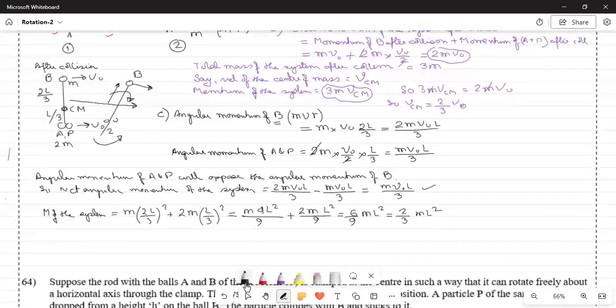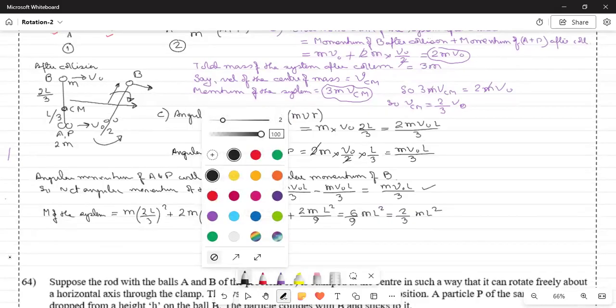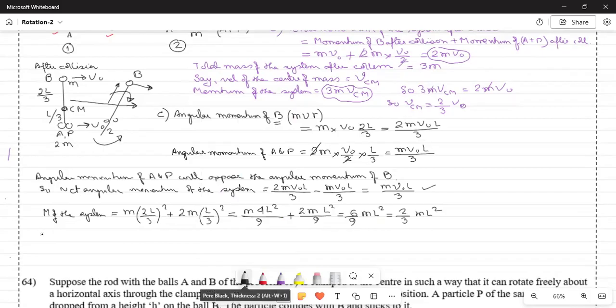If we have understood that, then I omega is equal to the angular momentum. So I is 2 by 3 mL square, and I can write omega equal to L by I.